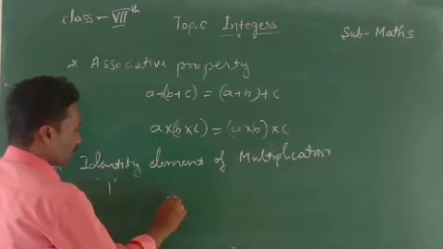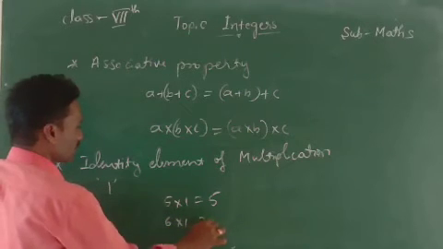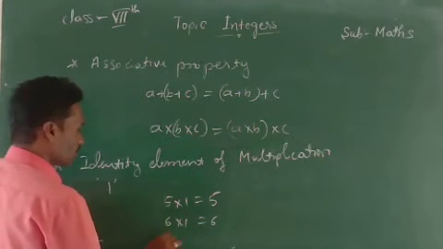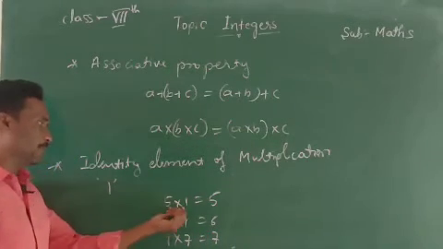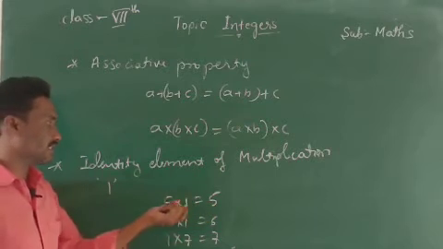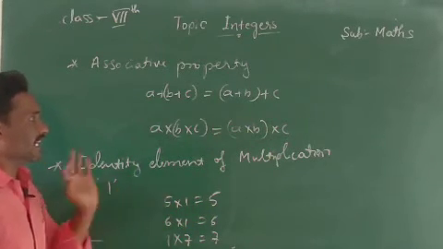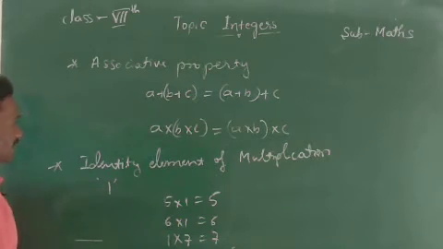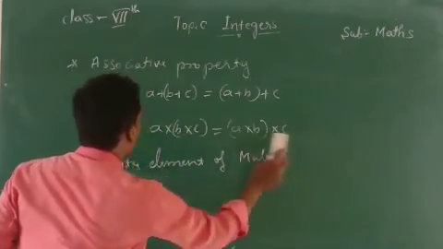Now see here, 5 into 1 is 5, 6 into 1 is 6, 1 into 7 is 7. If you multiply any number by 1, the product will be the same number. So 1 is called the identity element of multiplication.